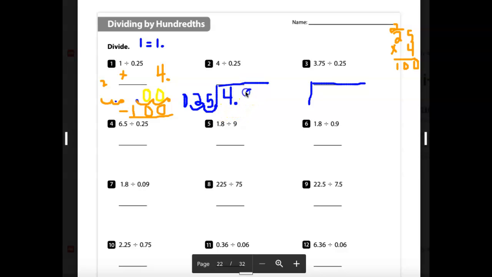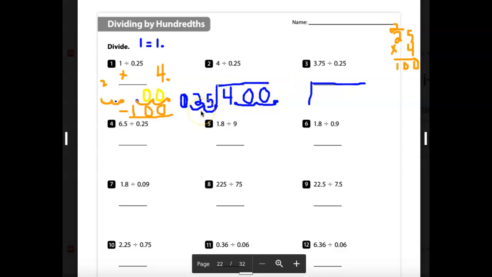So we're going to add 2 zeros because we have to move it 2 places. 1, 2. So now we can do this division. Now we have 400 divided by 25.